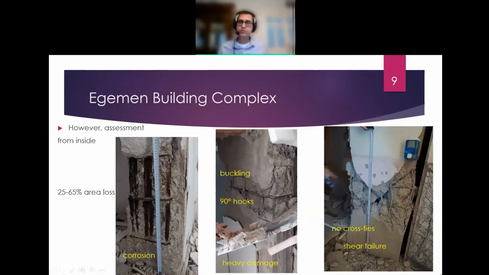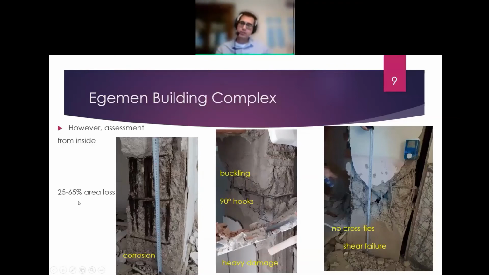If you assess that building from inside, however, you also see a lot of heavy damage on members, heavy damage on the columns, shear failure, another column inside, and also because of corrosion, there's a great loss of area on the longitudinal bars.